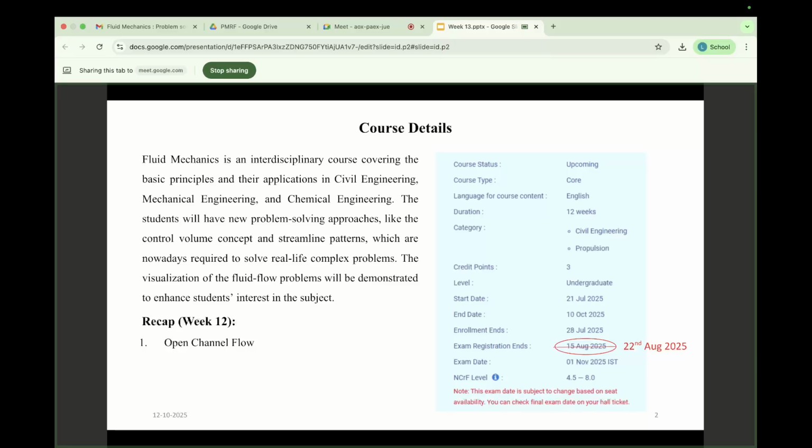For open channel flow, if the Reynolds number is less than 500, then it is laminar. Whereas in pipe flow, if the Reynolds number is less than 2000, then it is laminar. In open channel flow, a Reynolds number from 500 to 2000 is transition, not laminar. It is laminar only up to 500.